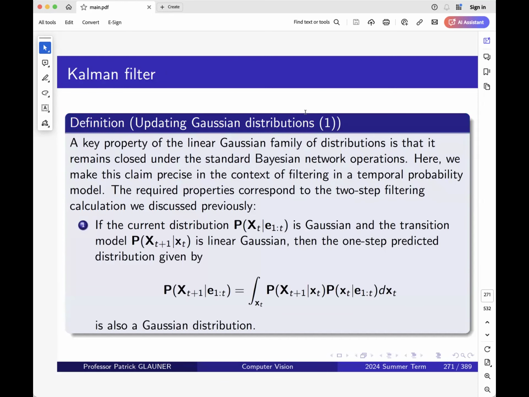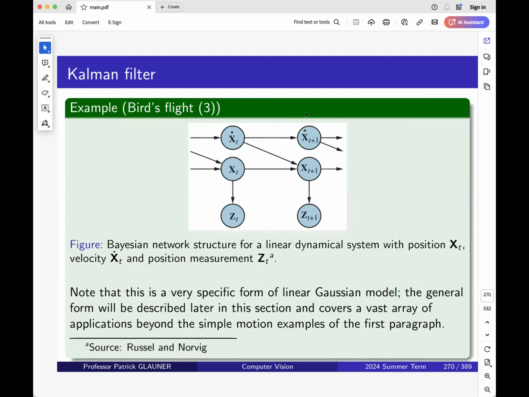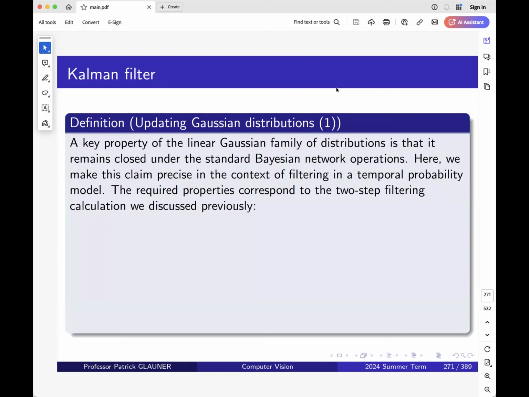Now, a key property of the linear Gaussian family is that we say it remains closed under the standard Bayesian network operations. That means when we make all these inference tasks, we can always assume this kind of graphical model, which will severely simplify our calculations.